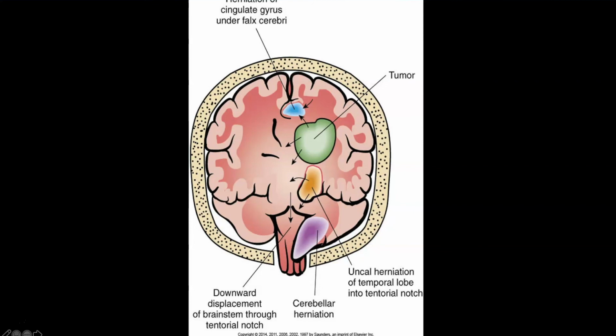Okay, so when we have a tumor or we have swelling or bleed or anything else inside the skull, that increased intracranial pressure is not just increasing pressure on the brain. It's also moving the brain in places it's not supposed to be, which causes additional damage.